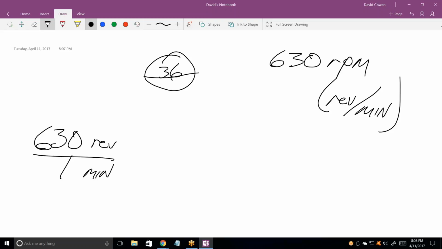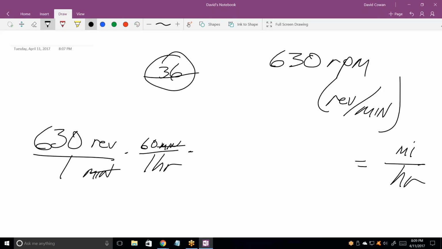And what we want to end up with is the units of miles per hour. So we have to convert minutes to hours, and we have to somehow convert revolutions to miles. The first thing to convert is the minutes: 60 minutes per 1 hour. Minutes cancel, you get hours in the denominator, and that's where you want it.